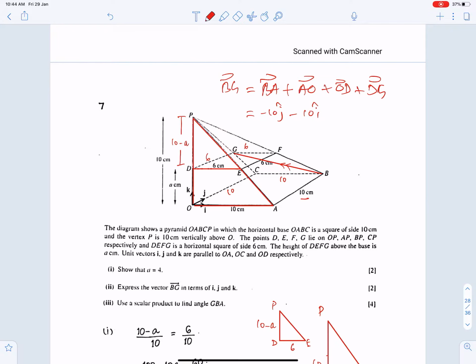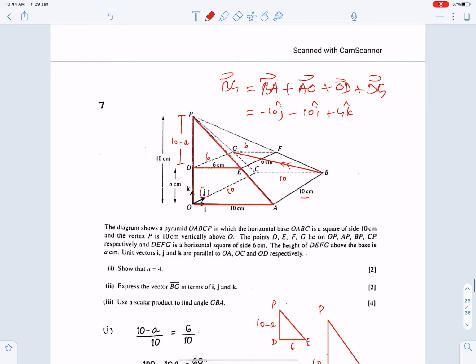OD is A, which is 4. And DG is 6J, because it's in the direction of J. Hence the answer is, I think, minus 10I minus 4J plus 4K. This is the way you can get BG.